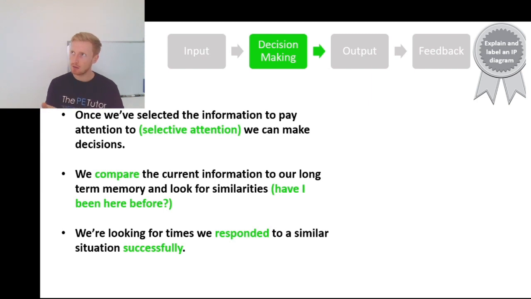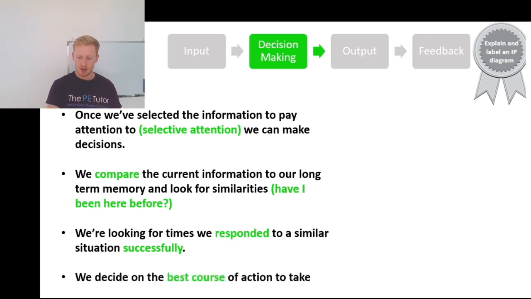Have I experienced a situation or been in a place or a time with these 5, 6, 7, 8, 9 pieces of data, pieces of stimuli? Have I been here before? Have I been in this environment? If I have been here before, what did I do last time? What was my previous response to being in this situation? And did it work? Was it a successful response?